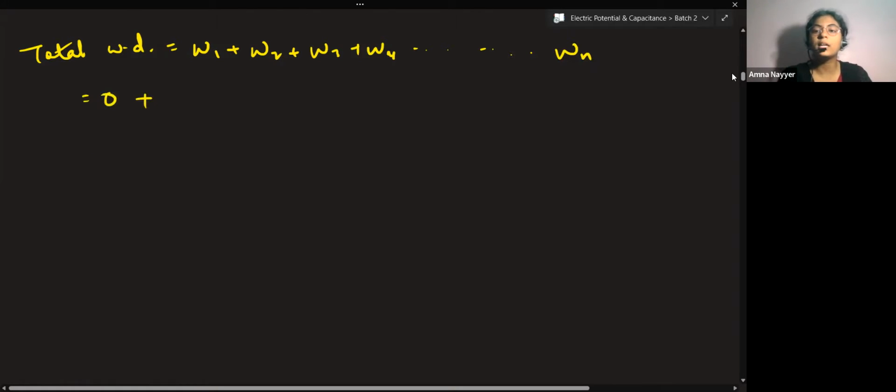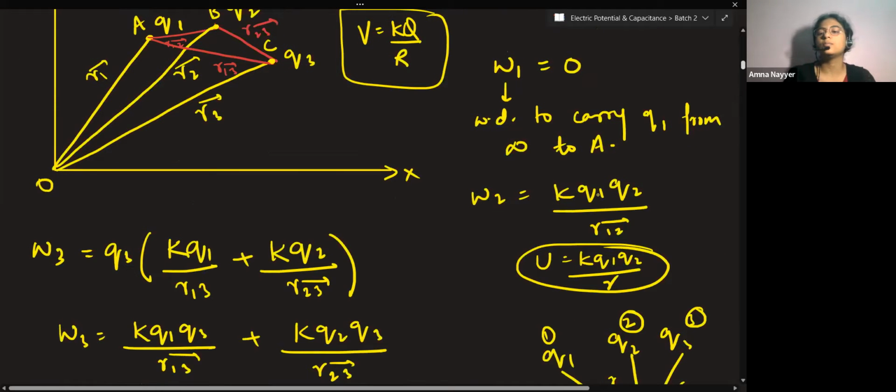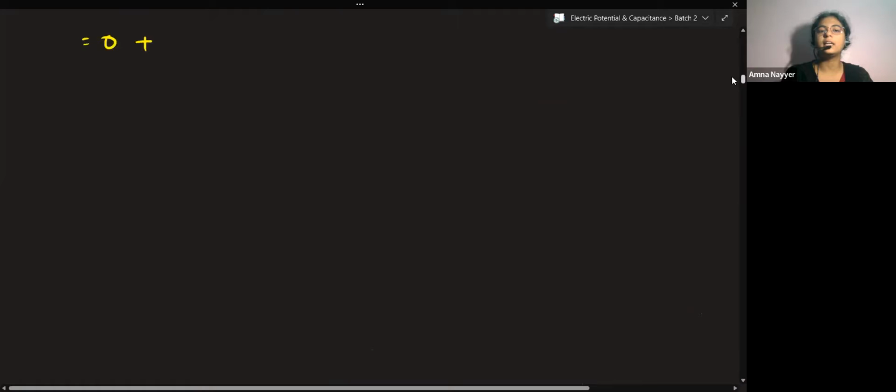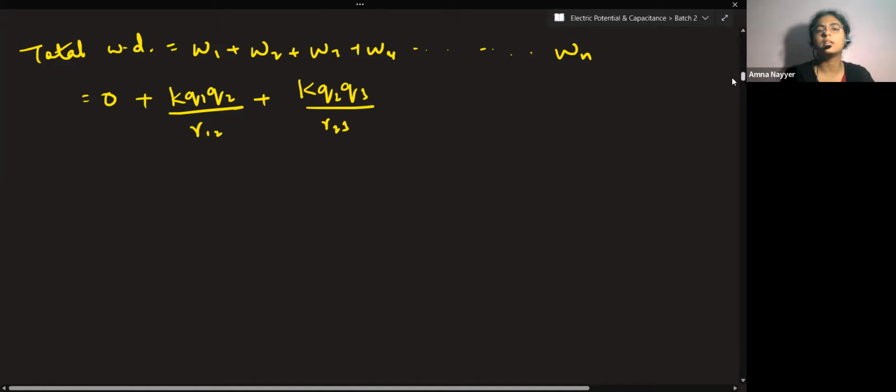W2 was what? We had calculated, if you remember, K Q1 Q2 by R12. W1 is 0. W2 is this. So we'll write it as K Q1 Q2 divided by R12. Plus then W3. W3 is what? K Q2 Q3 divided by R23, and work done, we had calculated it.